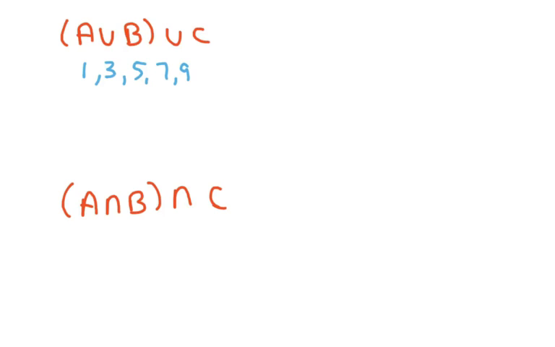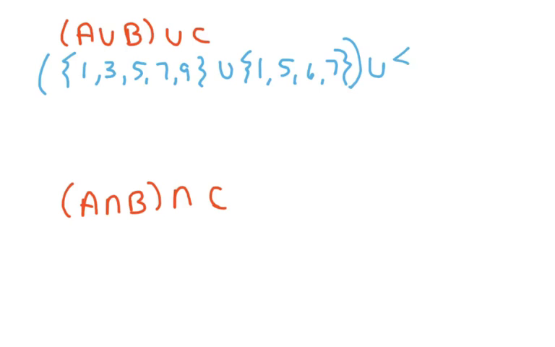All right, so it's the set here. And we're going to unite it with B, which is 1, 5, 6, 7. Then after we unite those two, we're going to unite it with C, which is 1, 2, 4, 6, 8, and 9.